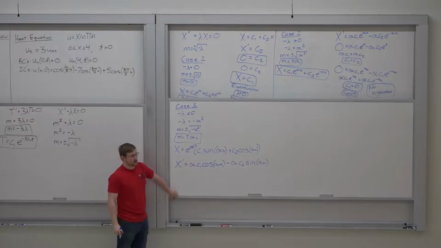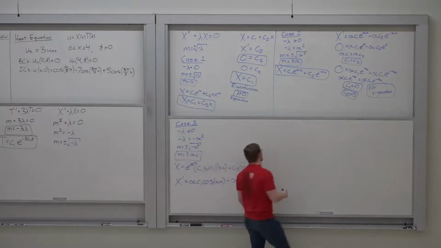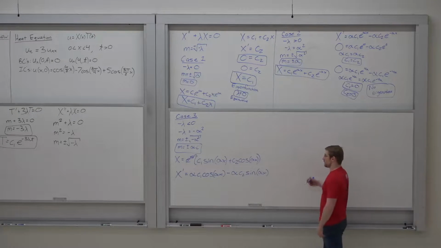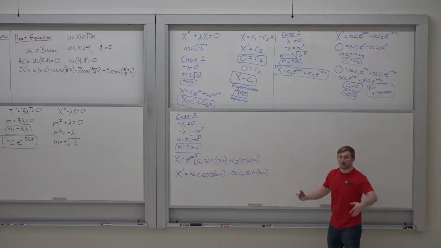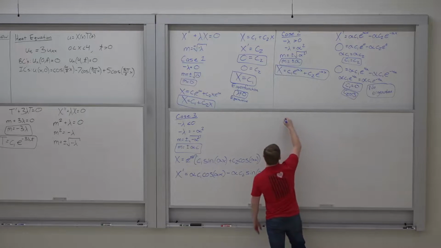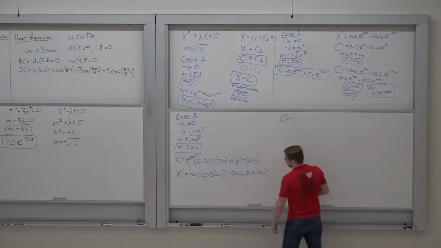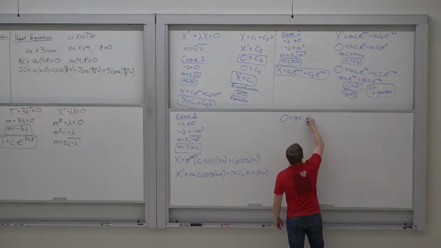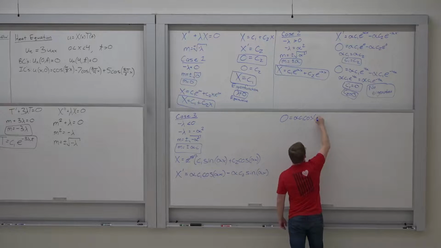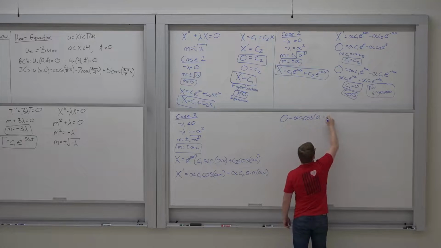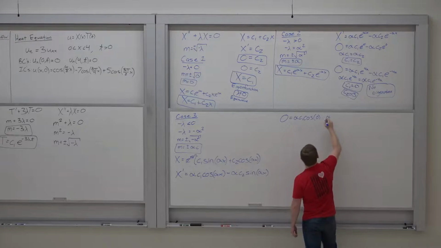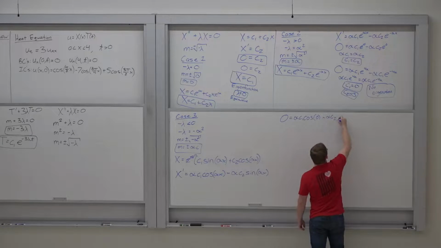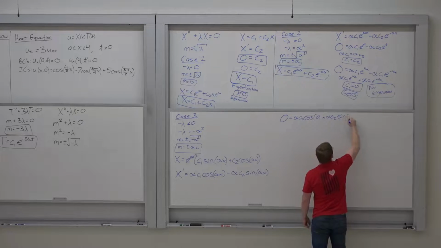Now we have to plug in the actual boundary conditions. So the first condition is when my variable x is equal to 0, my function X prime is equal to 0. So I have 0 is equal to alpha C1 cosine of 0 minus alpha C2 sine of 0.